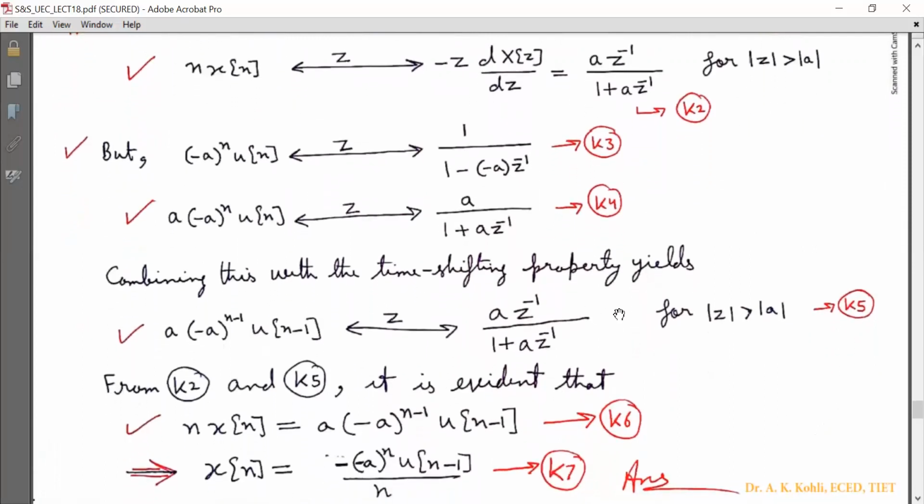And K5 gives us the answer that a(-a)^(n-1) u[n-1] has Z transform a z^-1 divided by 1 + a z^-1.